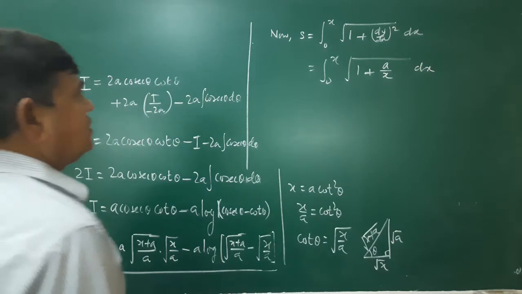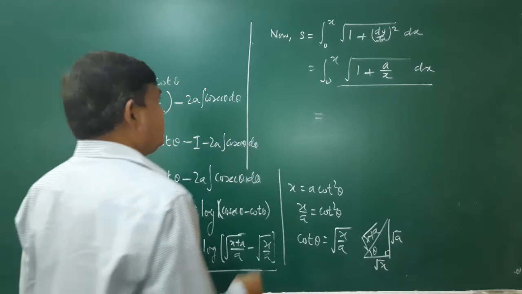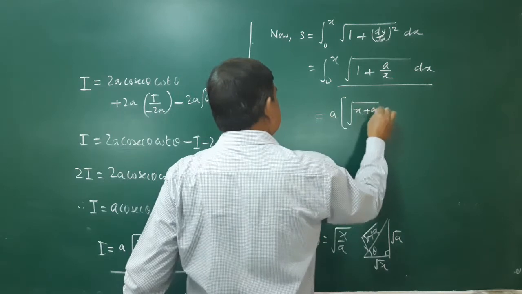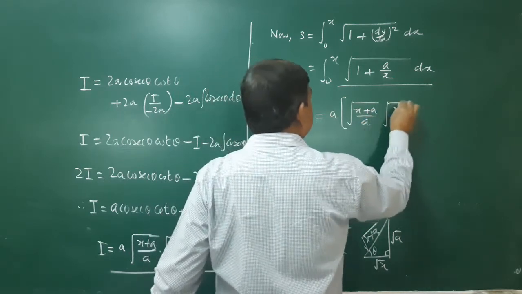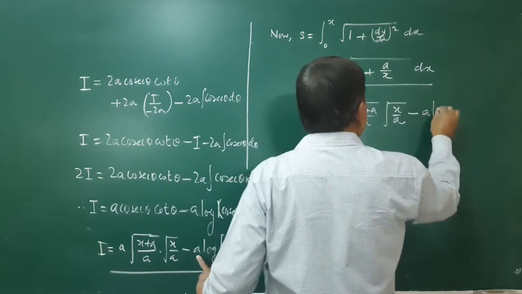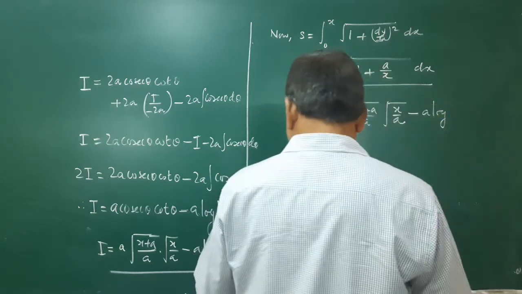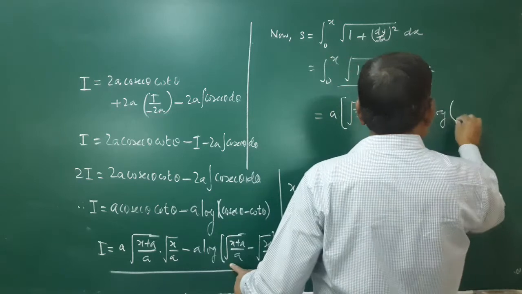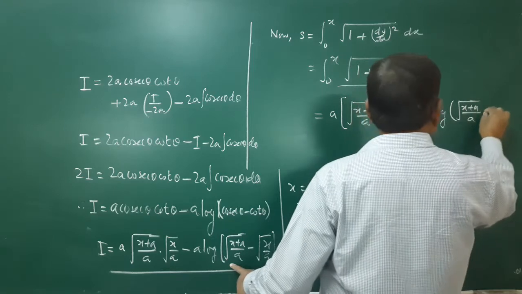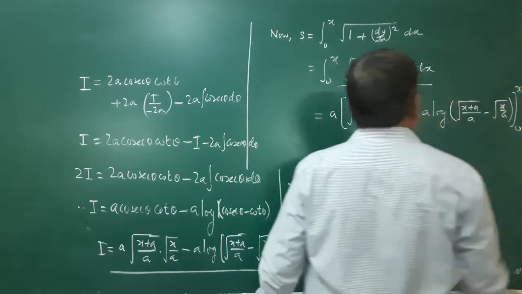When we integrate this, the answer is: a under root of x plus a upon a, root x upon a, minus a log of root x plus a upon a minus root x by a, with limits 0 to x.